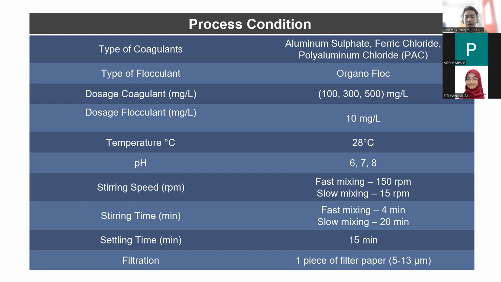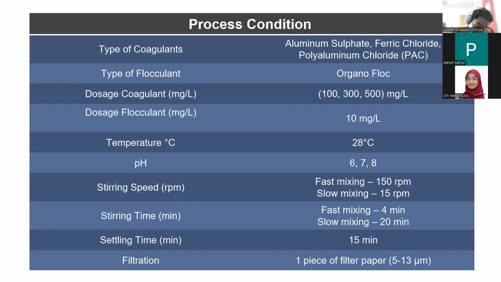I chose 6, 7, and 8 because I would like to see which pH suits the treatment of oily wastewater, and whether acidic is better than alkali condition. That's why I varied 3 pH.